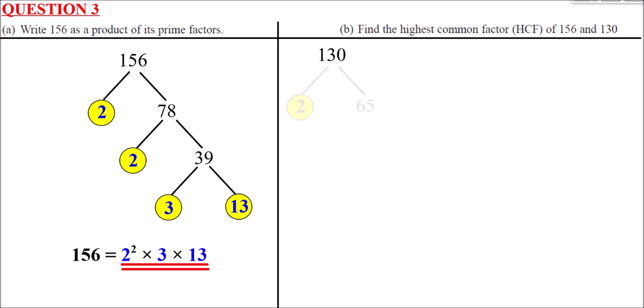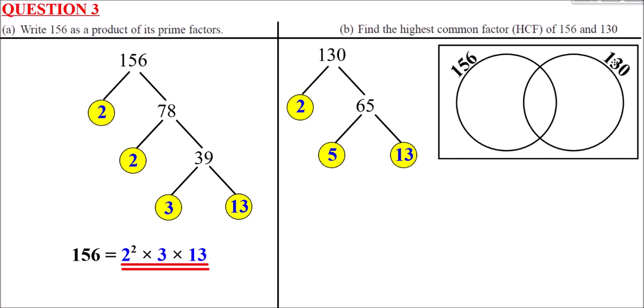So 130, again, my habit is if it's even, I divide it by 2, I get 65. 2 is prime, so I circle it. 65 isn't, because I can divide this by 5, which gives 13. Both 5 and 13 are primes, and so this is the prime factorisation of 130 complete. 130 is 2 times 5 times 13.